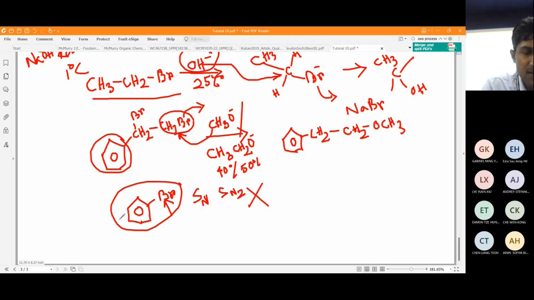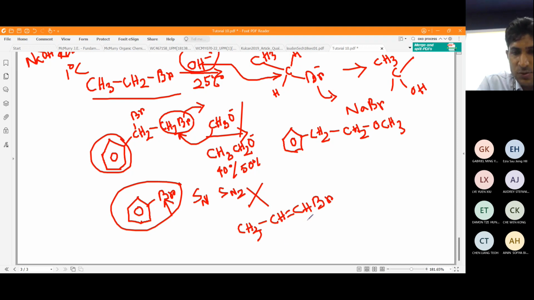Simply remember that if a halogen, not only bromine, is attached directly to the carbon of the ring, SN1, SN2 or elimination reaction is not possible. Another non-possible case is CH3 here and CH2 here, and then CHBr.